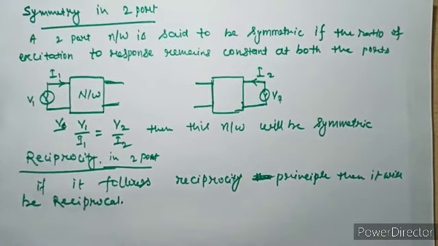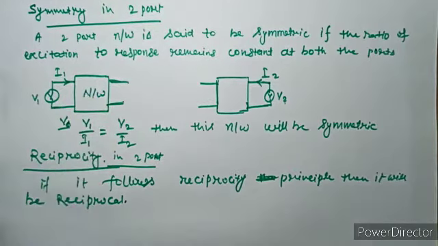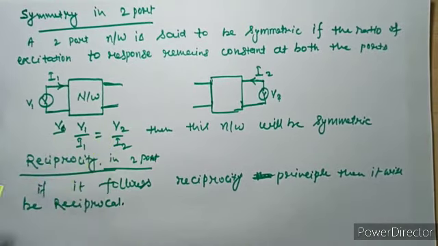In a two port, there may be energy storage elements, but their initial condition must be 0. For example, inductors and capacitors: this network can contain inductors and capacitors, but their initial condition must be 0, means the inductor must not have initial current and the capacitor must not have initial voltage, right?